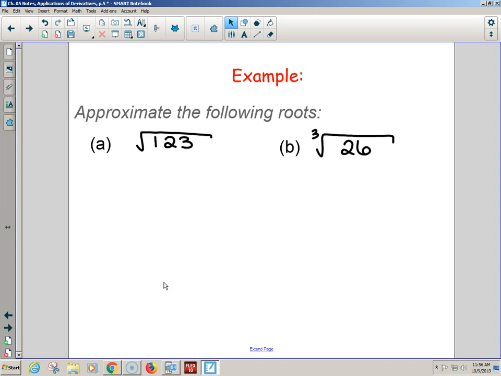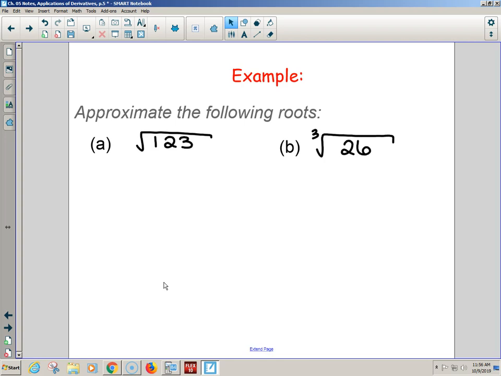So, can you guys use a tangent line to approximate what both of those are without using a calculator? How could I be asking you to approximate?